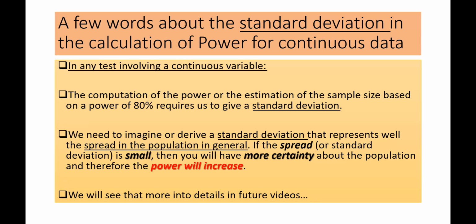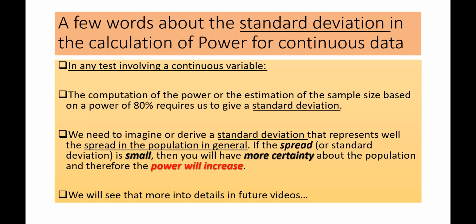The spread is very small. The data is very, very homogeneous. All the group is concentrated around the mean. That's when the standard deviation is small. And when the standard deviation is small in this data, it means you have more certainty about the population, and therefore the power increases, okay?